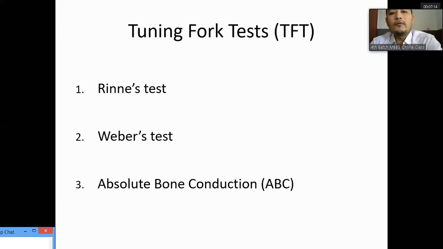Tuning forks of different frequencies are used: 128 hertz, 256 hertz, and multiples of these. The most common tuning fork tests are Rinne's test, Weber's test, and the absolute bone conduction test. These are the most common tests we perform.